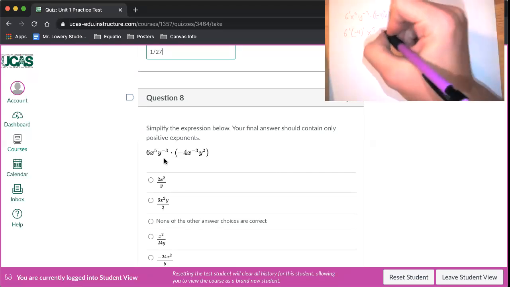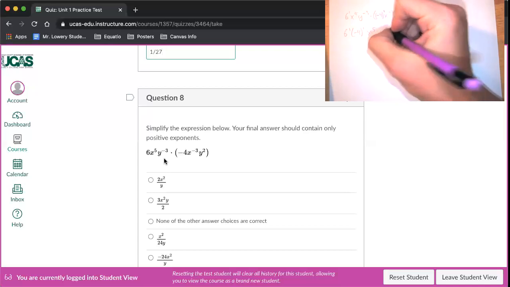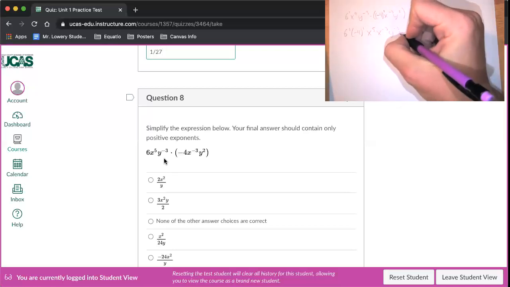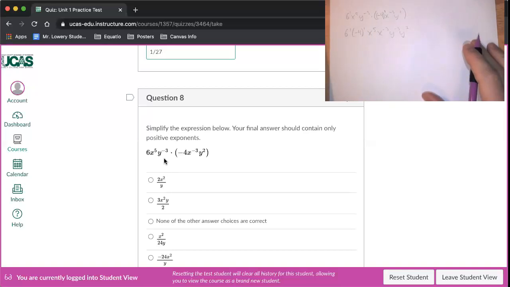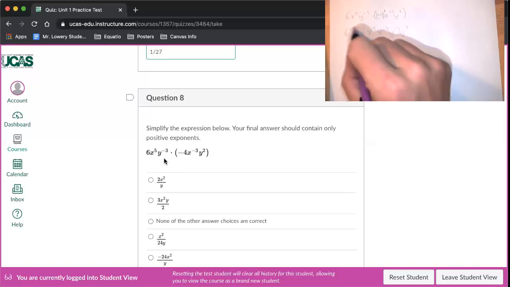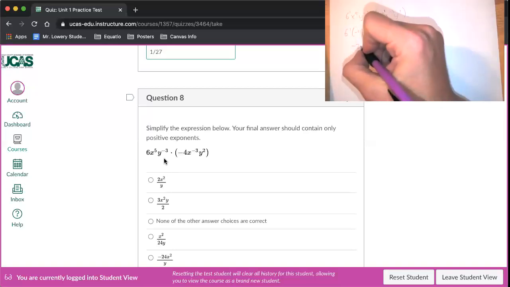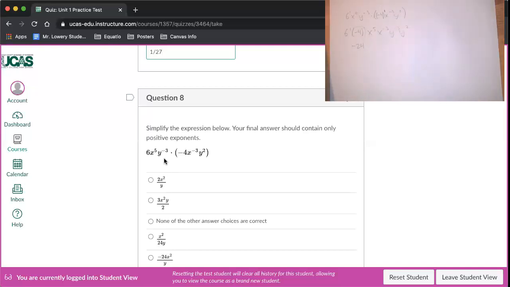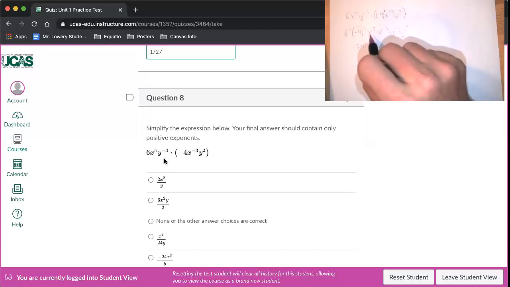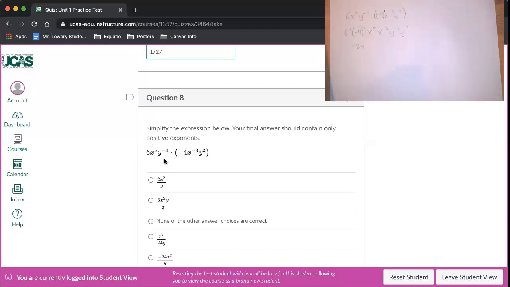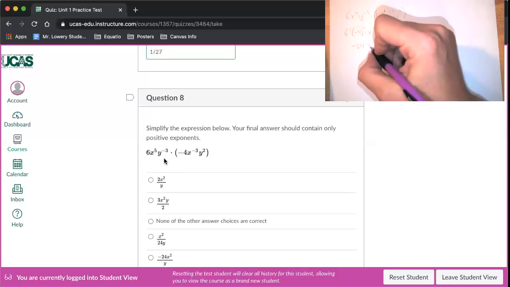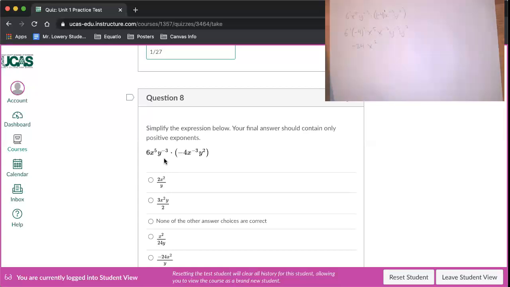Okay, and then x to the 5th times x to the -3, y to the -3 times y squared. So now everything's matched up. These here are going to multiply to give me -24. Okay, don't put 2 there. Don't fall into that trap. Okay, it's 6 times -4, so don't mess that up. Okay, now here we're going to add the exponents. So 5 plus -3 is x to the 2.